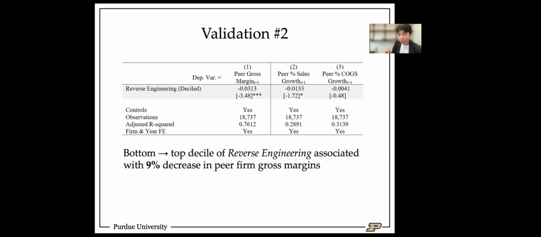More importantly, this effect on gross margins is entirely driven by a change in sales growth, which suggests that these companies' market share is being eroded by this type of reverse engineering activity that competitors are engaging in. Whereas you don't see any effect in the change in cost of goods sold, suggesting that it's not something about cost structure that is changing. So in the second evidence, we show that this measure is quacking like a duck.